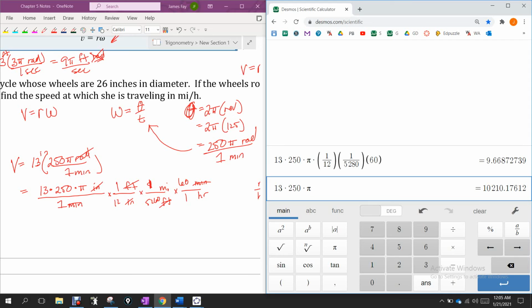So if two people started at the same spot and one rode their bike at 9.67 miles per hour, and the other one rode their bike at 10,210 inches per minute, and they both started and stopped at the same time, so maybe they're both riding for like 2 minutes, they would both finish at the same exact spot. They would both travel the exact same distance.